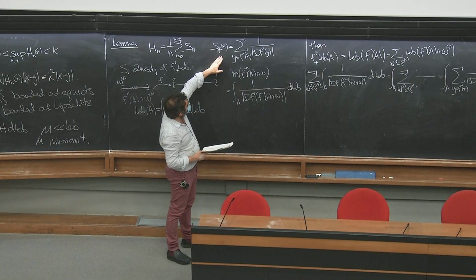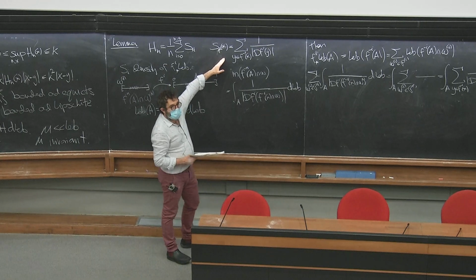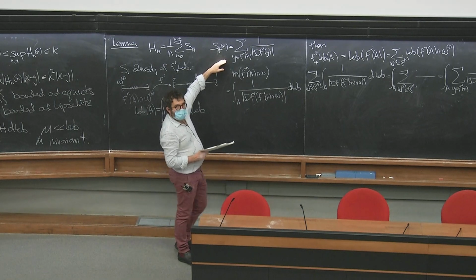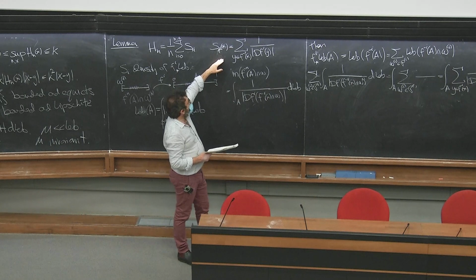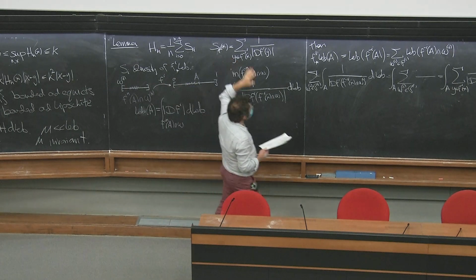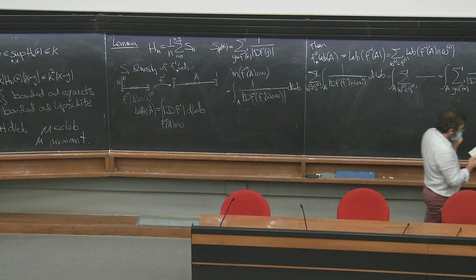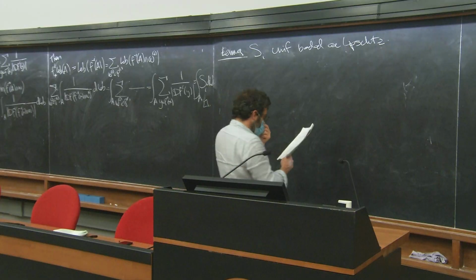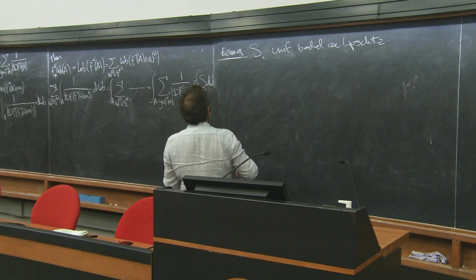So if you remember the exercise to show that for every piecewise affine map the Lebesgue measure is invariant, it's very similar to that argument here, right? Although here we want to use the bounded distortion results.